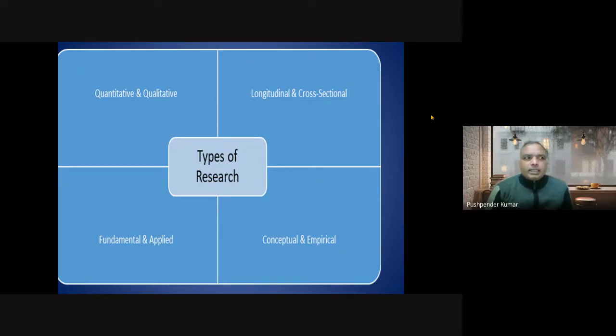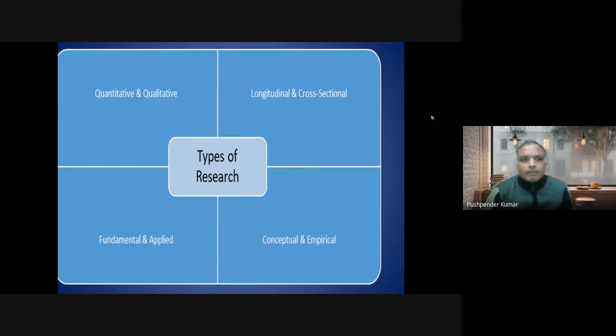We collect data in the form of yes, no, or maybe, are you satisfied, not satisfied, your demographic profile, your gender, your age, your income, which city you belong to. Besides that, we collect your opinion, your likes, dislikes, and preferences, which may be in terms of good, better, or best.